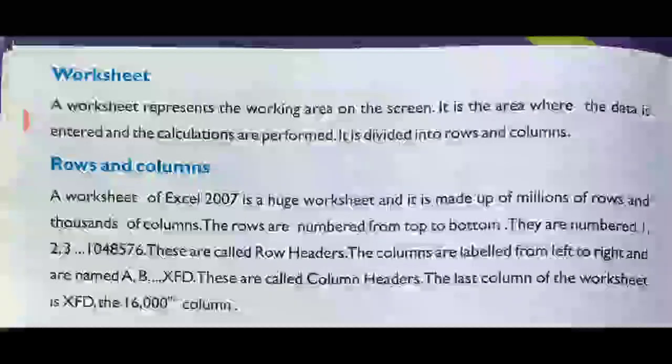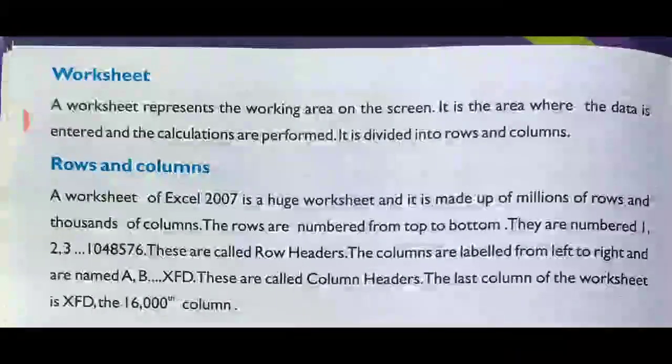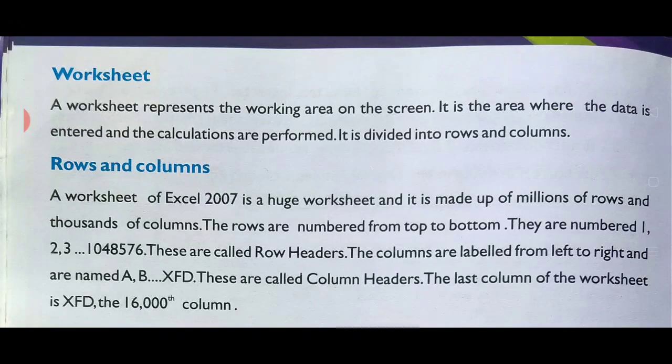Now, what are rows and columns? A worksheet of Excel 2007 is a huge worksheet, made up of millions of rows and thousands of columns. The rows are numbered from top to bottom, 1, 2, 3 up to 10,48,576. These are called row headers. The columns are labeled from left to right and are named A, B up to XFD.